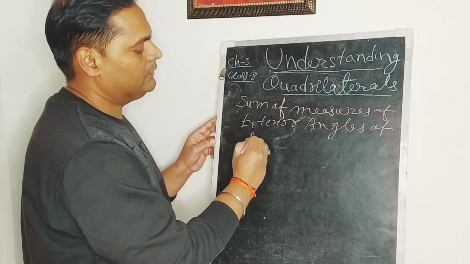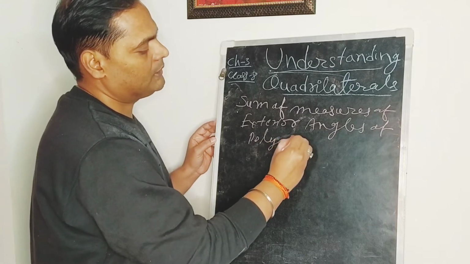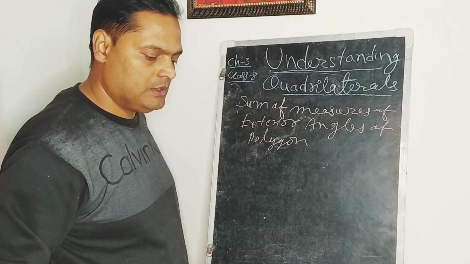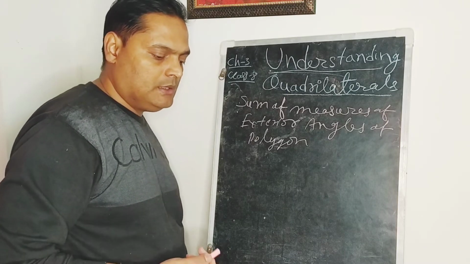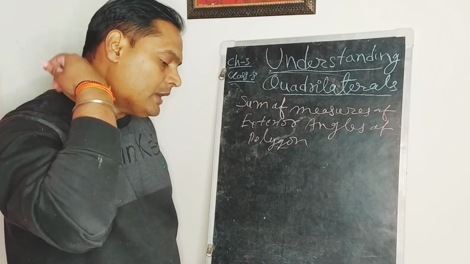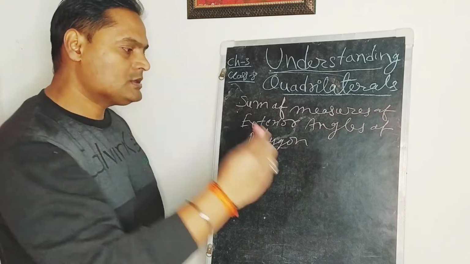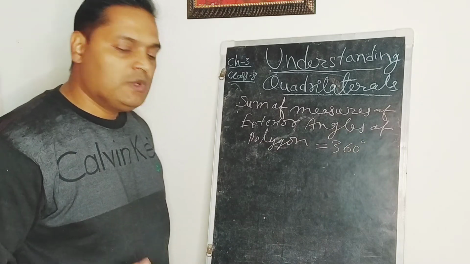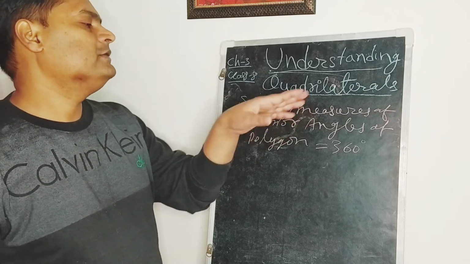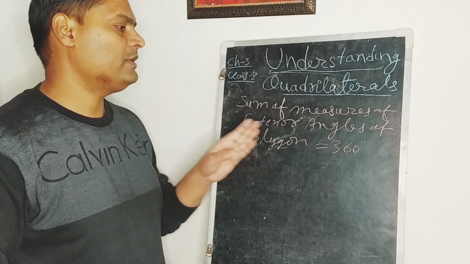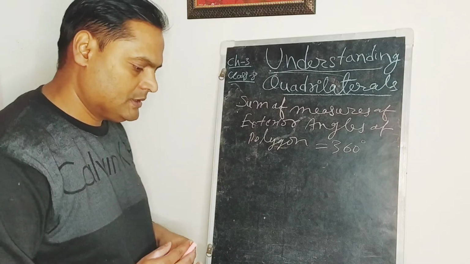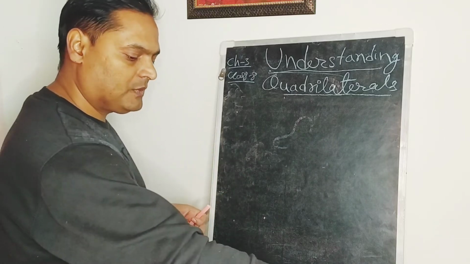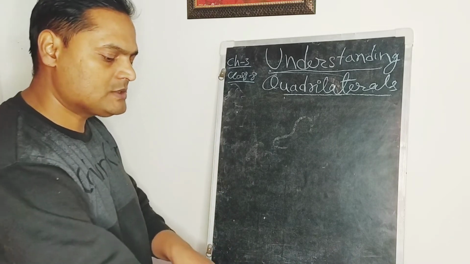The sum of the exterior angles is nothing but 360 degrees. We need to remember that the sum of the measures of the exterior angles of a polygon equals 360.